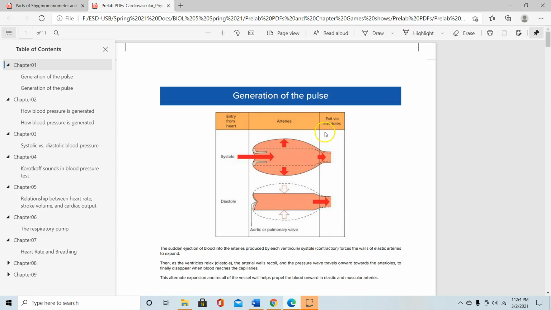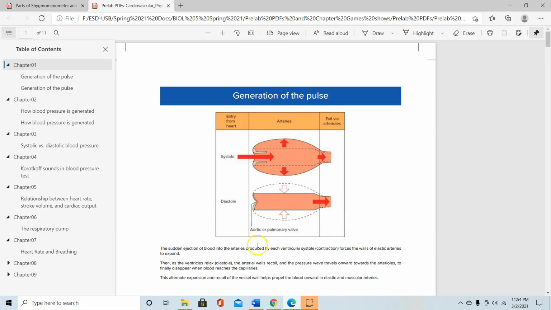And when this blood gets into the smaller blood vessels, which are called arterioles, blood flows slowly because they branch. After the expansion of the arteries, when the heart relaxes, the blood vessel also recoils and relaxes.